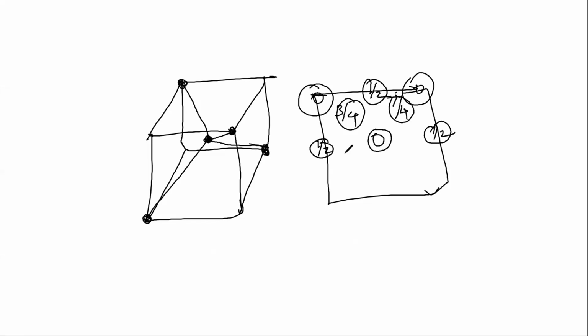Again I'll have 1 by 4 here and 3 by 4 here. Okay. I'll have 0. I'll have half. I'll have 0. Okay. Now, how would my structure be there? Let me explain to you. This diamond.